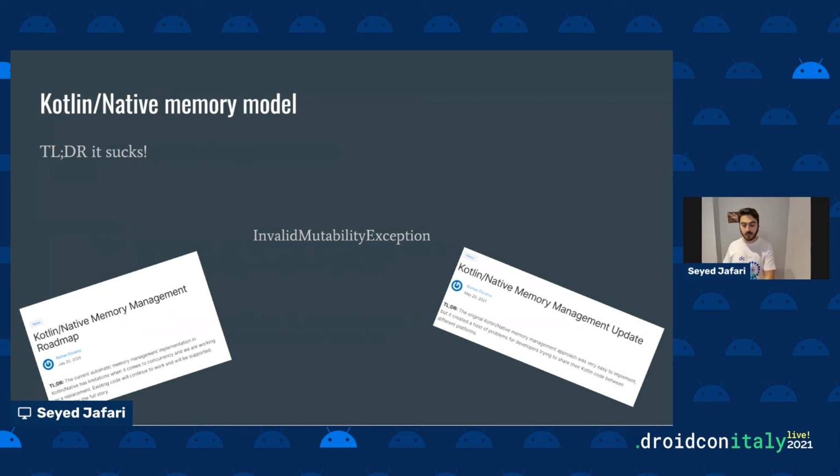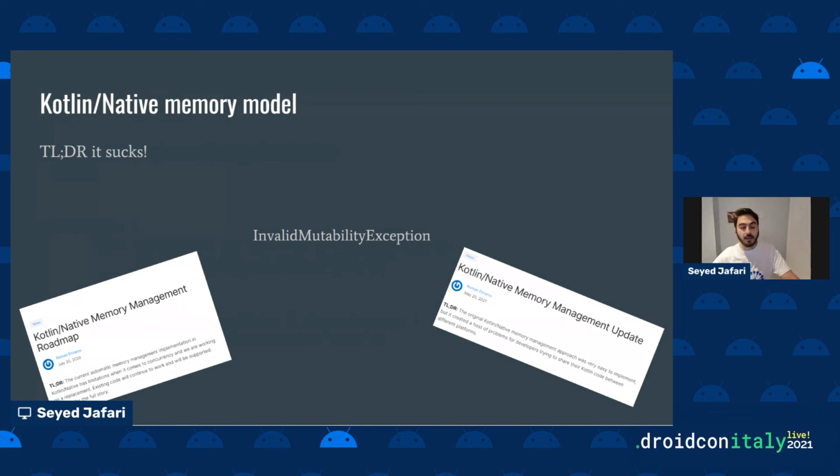Just write your code in common, and don't even deal with the threading part until this memory model is stable, which is going to be early next year. So as long as you don't touch the threading in the Kotlin native land, you're fine. You don't have to even worry about it.